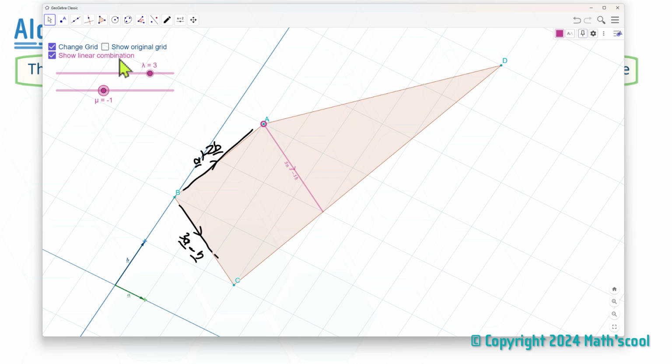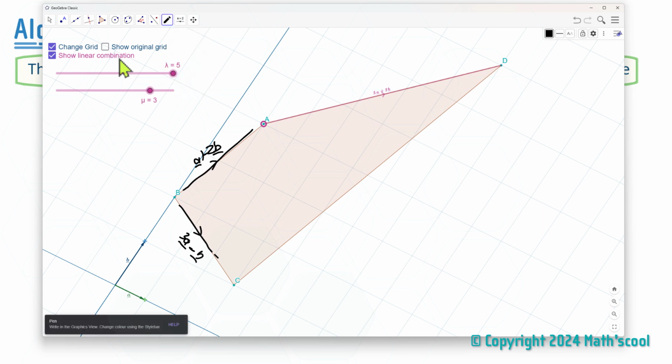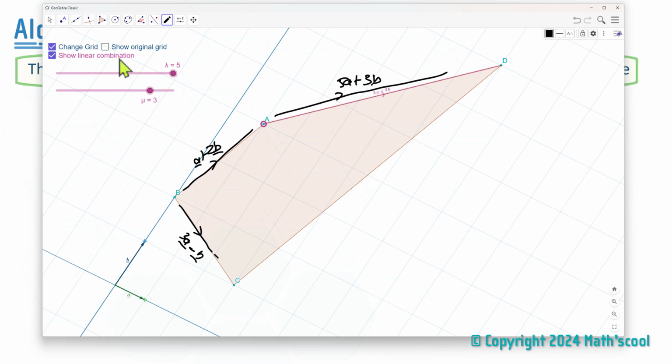And then I can increase, oops, too far. Whoops, too far again. Okay, and so that's 5A plus 3B. So that vector there is 5A plus 3B.